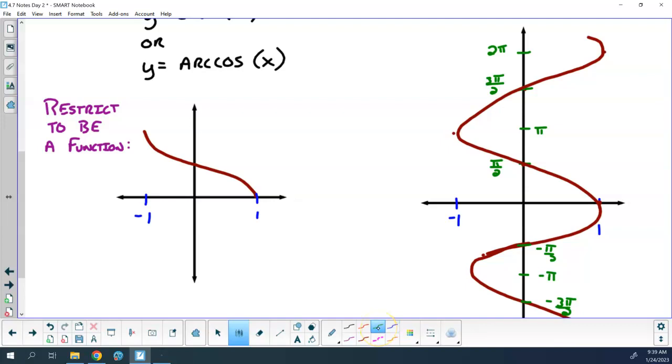But now we're going to go from 0 up to pi. So all of our outputs for inverse cosine are going to be between 0 and pi. Where is that on the unit circle? That is the top half of the unit circle.